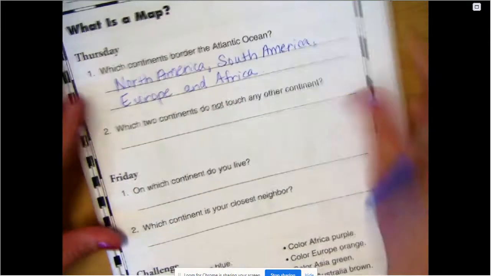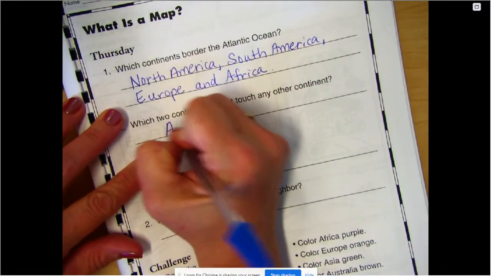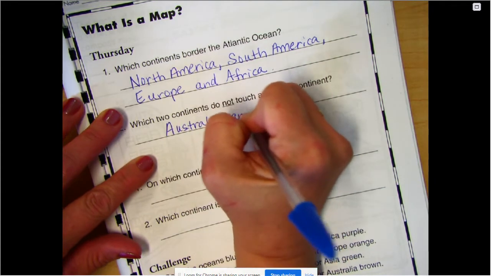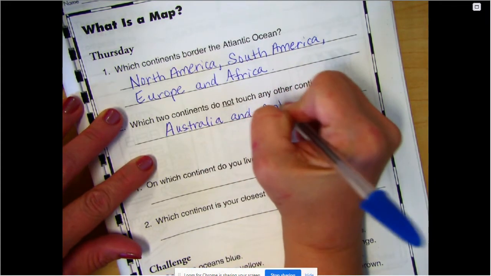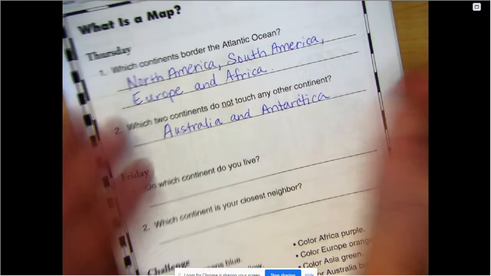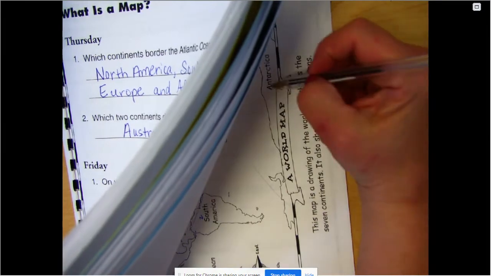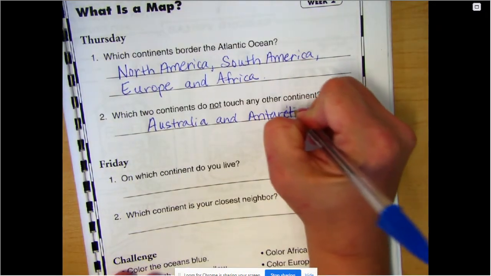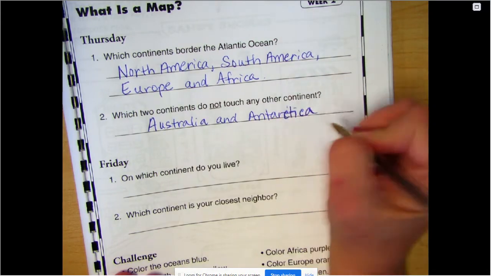So we go back here and say Australia and Antarctica. Let me make sure I spelled that correctly. Antarctica. Yep. Right.